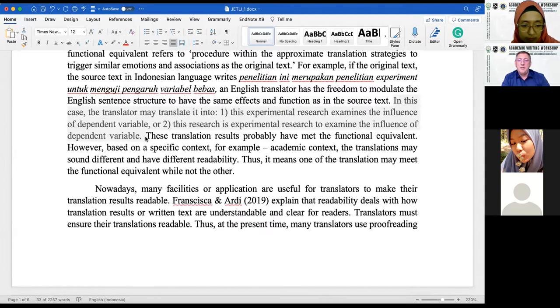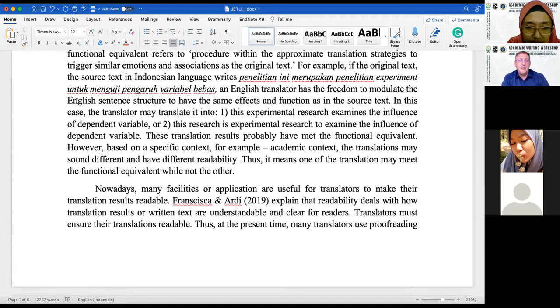here the options of translating this sentence, right? But I'm not sure. In this case, the translator may translate it into. Are they talking about this sentence? Or an English translator has freedom to modulate the English sentence?